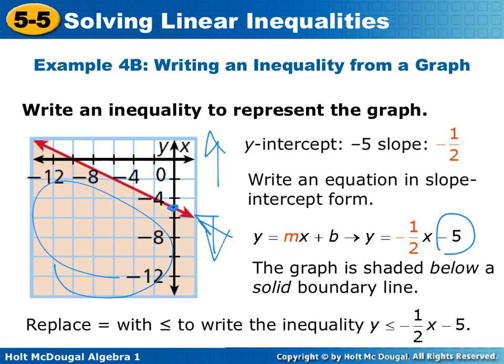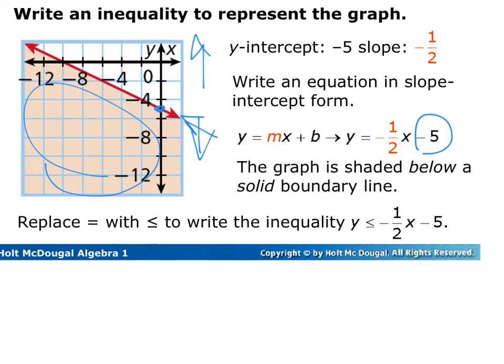And then from there I can see that it's a solid line and it's below. So I'm filling in the less than or equal to. And then I'm also going to count my rise and run. So notice I'm going to go up 1 and to the right 2. And I would get 1/2, and it's a negative slope because I went left. So that's why it's -1/2.